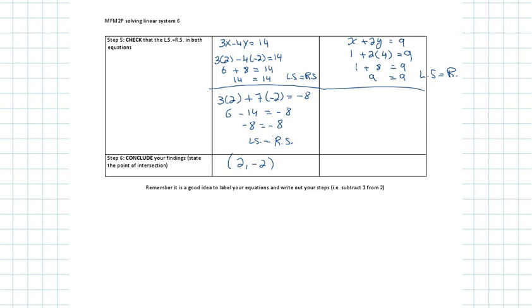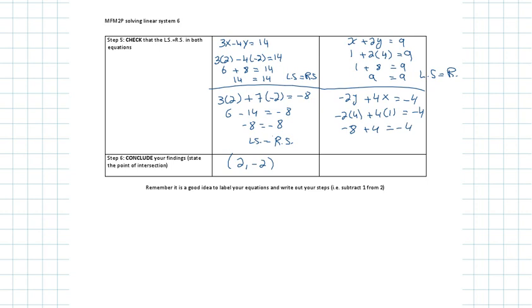I have tested the first equation, now the second equation. Negative 2y plus 4x equals negative 4. So negative 2 times 4 plus 4 times 1. Negative 2 times 4 is negative 8 plus 4.